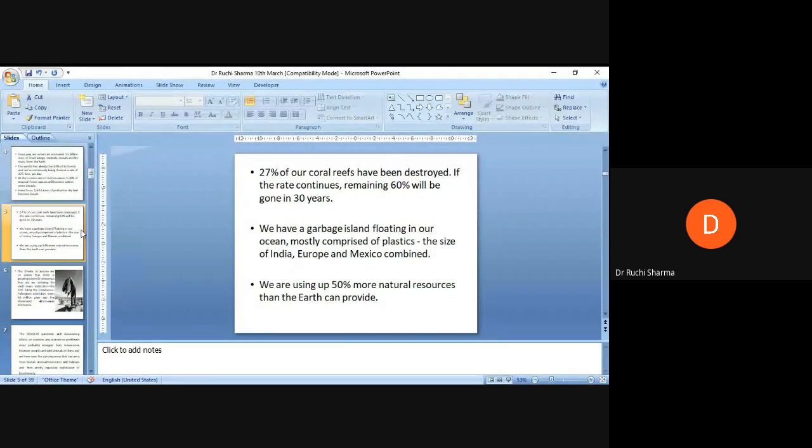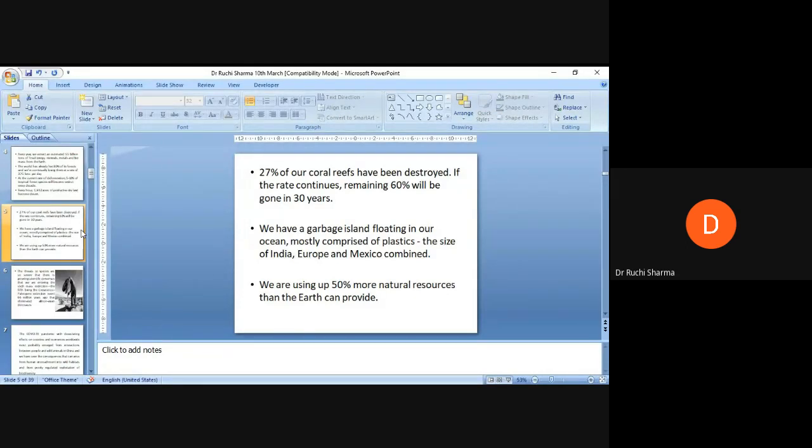We have a garbage island floating in our ocean, mostly comprised of plastics, the size of India, Europe, and Mexico combined. So just think about that, what is the size of that garbage island. We are using up to 50% more natural resources than the earth can provide. So who is using all this?